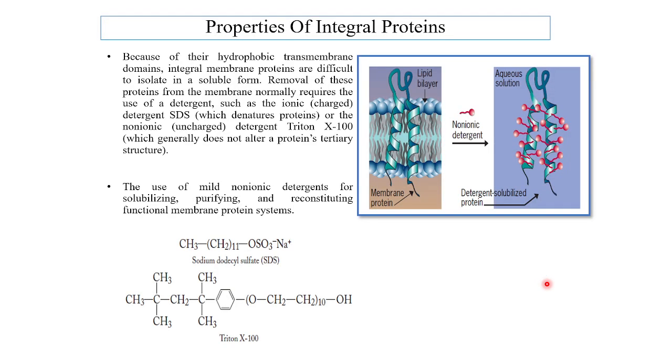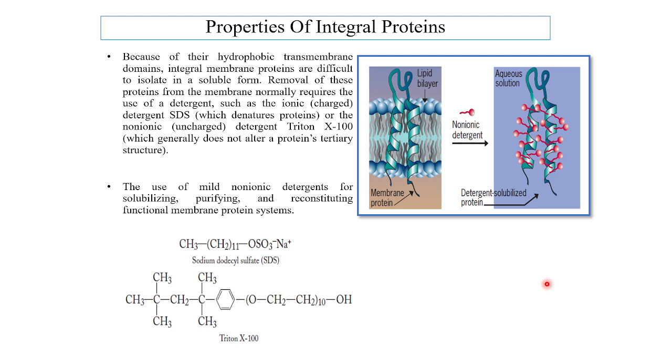What are the properties of these integral proteins? Because of their hydrophobic transmembrane domains, integral membrane proteins are very difficult to isolate in soluble form, because within the cellular membrane they have a hydrophobic portion that does not solubilize easily. Getting these membrane proteins in soluble form is very critical, and at the same time a very challenging task.